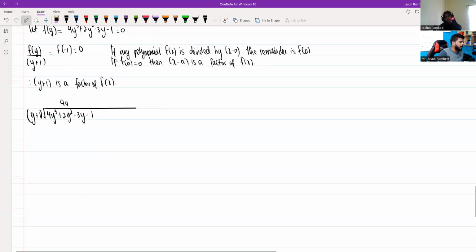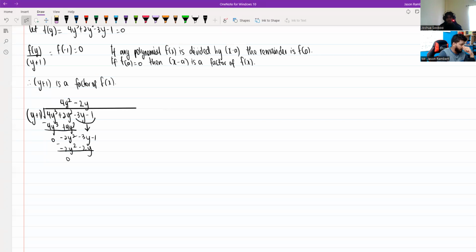I get 4y squared, and I get 4y cubed plus 4y squared, and minus them. I get 0. 2 minus 4 is minus 2y squared. Bring these two terms down, 4y squared minus 2y.